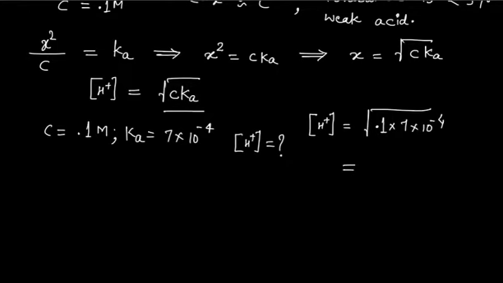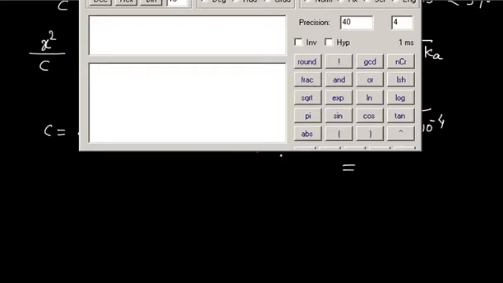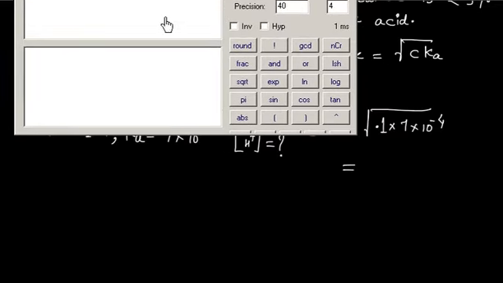Let us use the calculator. So I have the square root of 0.1 into 7 into 10 raised to the power minus 4. This value comes out to be 0.0084.